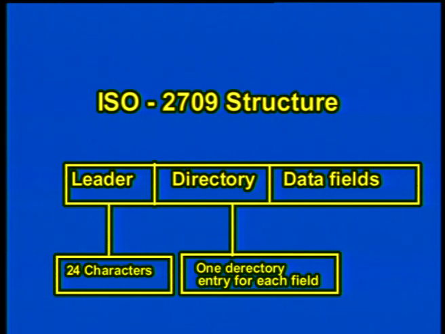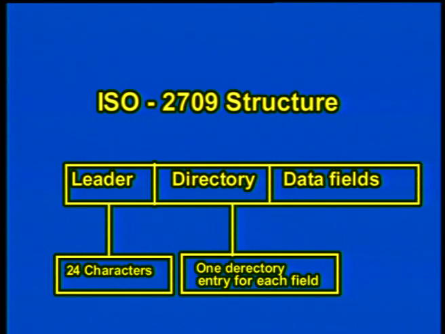Now, in this particular slide, I have shown the structure of the ISO 2709. Every record starts with a leader, which is a fixed length leader of 24 characters, and following the leader you have a directory. In the directory you have one directory entry for each field.